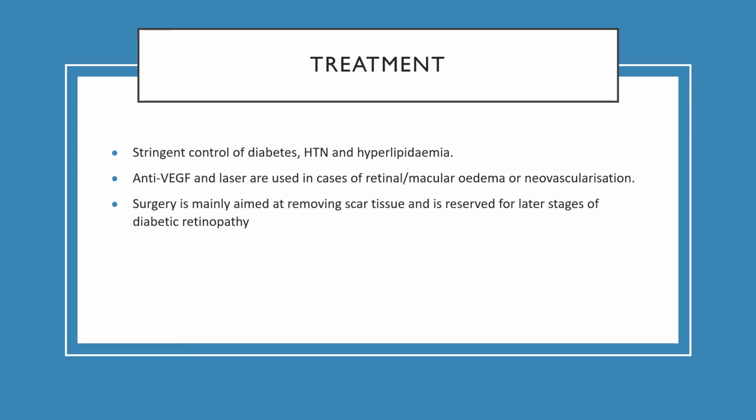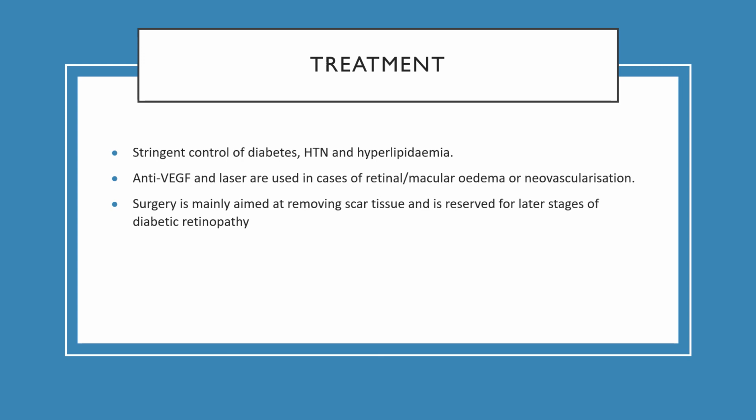As mentioned previously, treatment of diabetic retinopathy includes stringent control of the diabetes, stringent control of the high blood pressure, and stringent control of hyperlipidemia, as well as stopping smoking. These are controlling the modifiable risk factors.